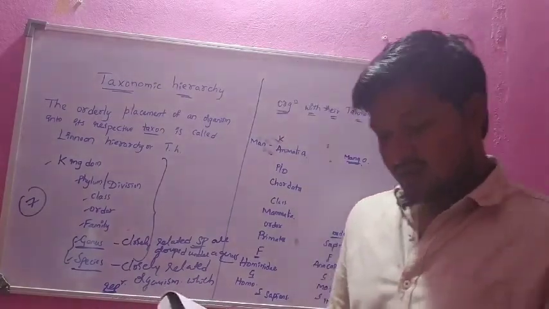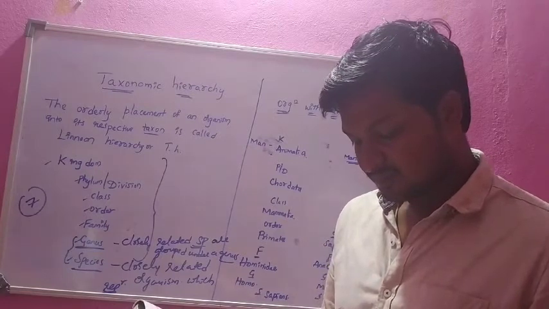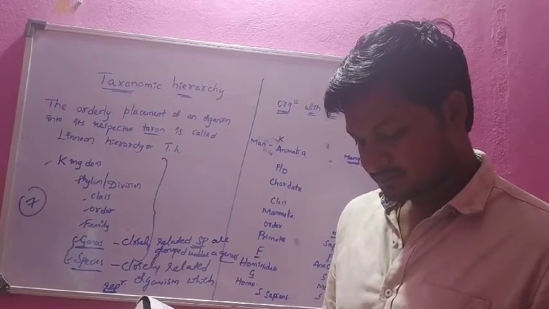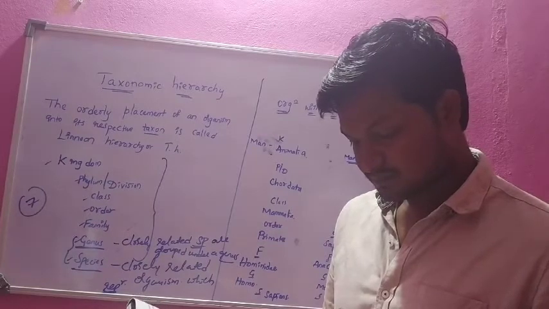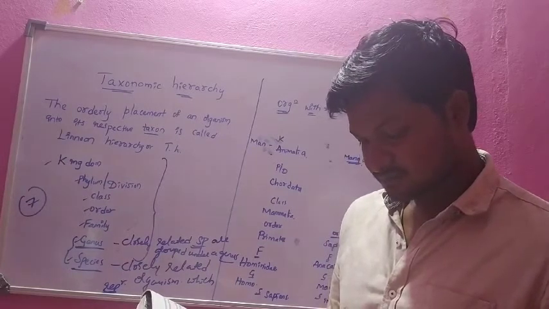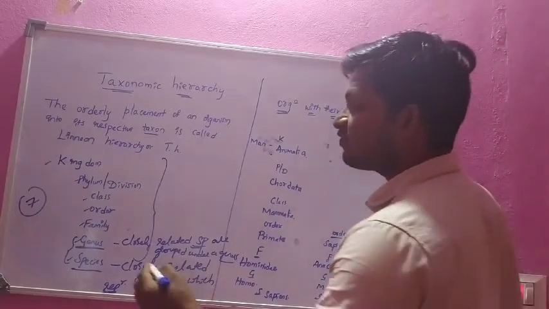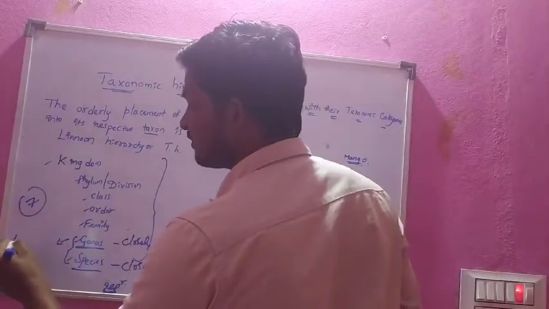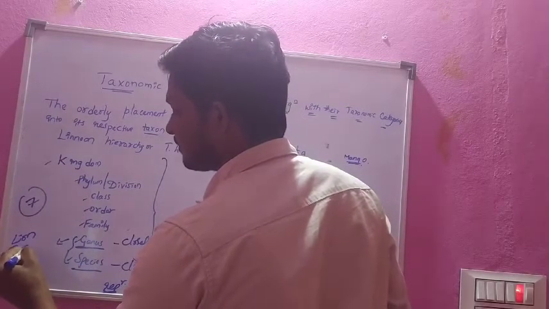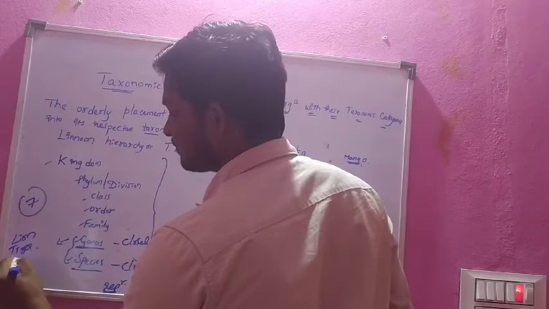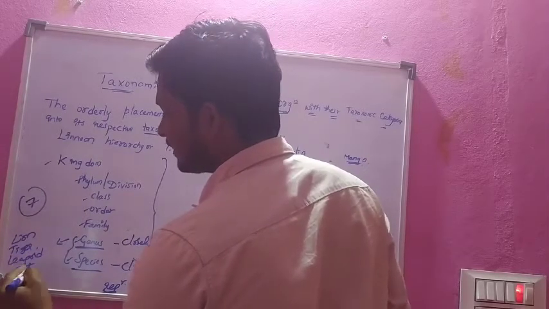Here, what examples can we give? Examples we can give for genus are lion, tiger, leopard and cat.